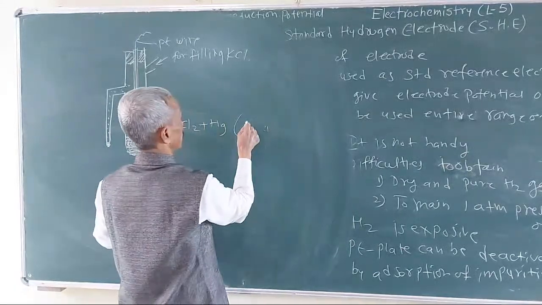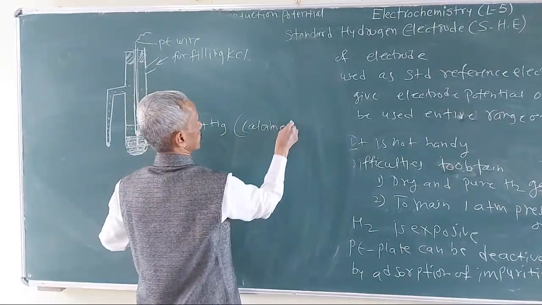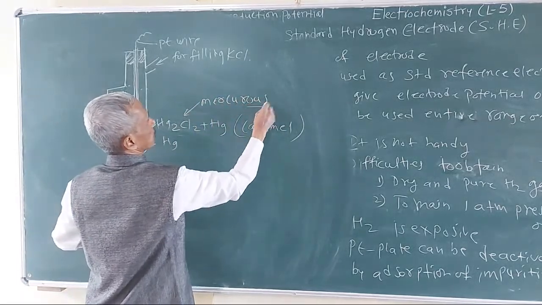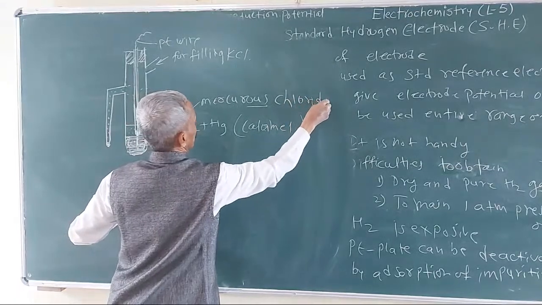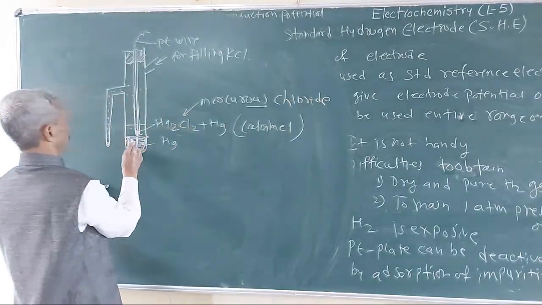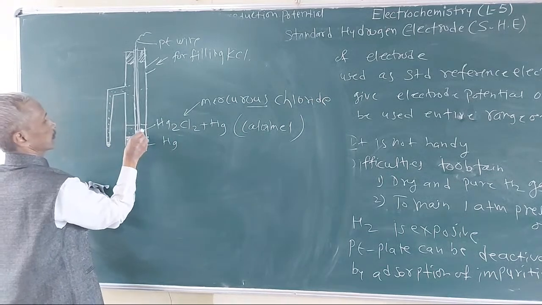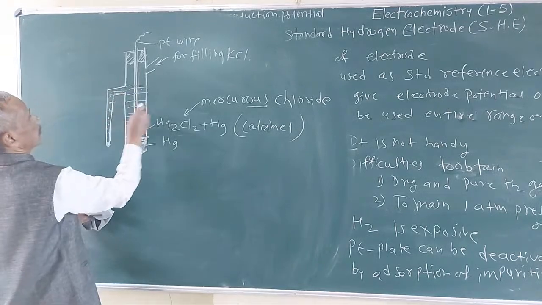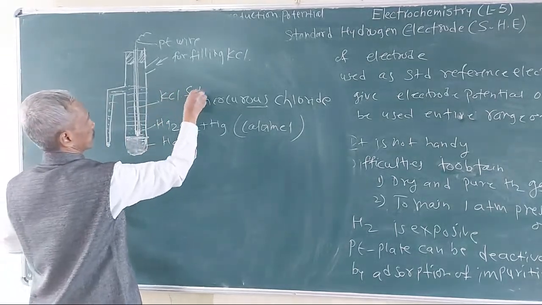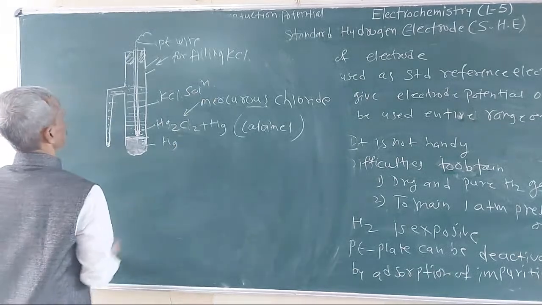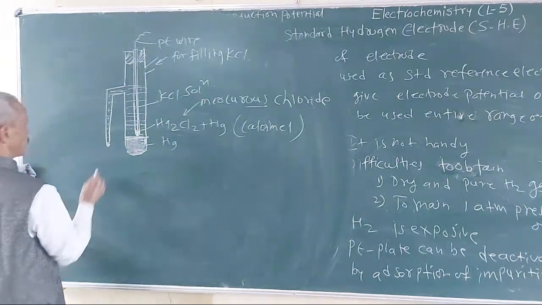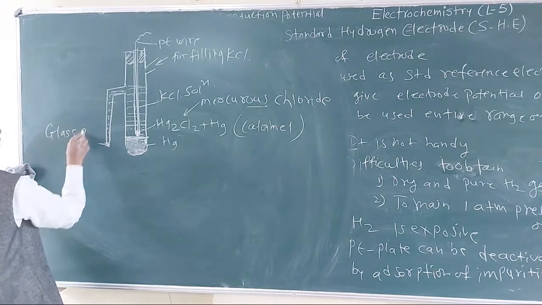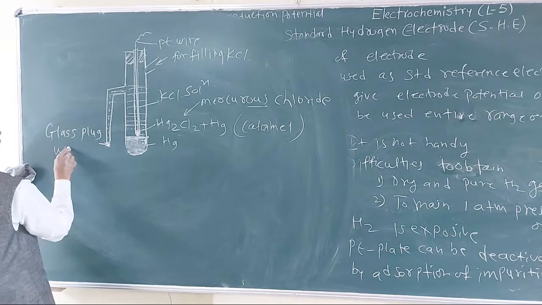Calomel is mercurous chloride, dissolved in this, and this is the KCl solution. Now this is the construction. Here at the end there is a glass plug.